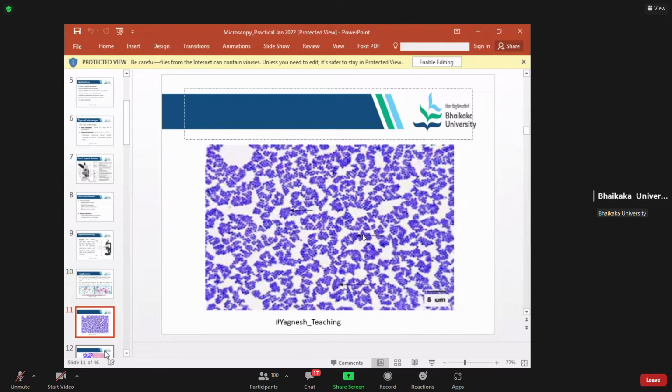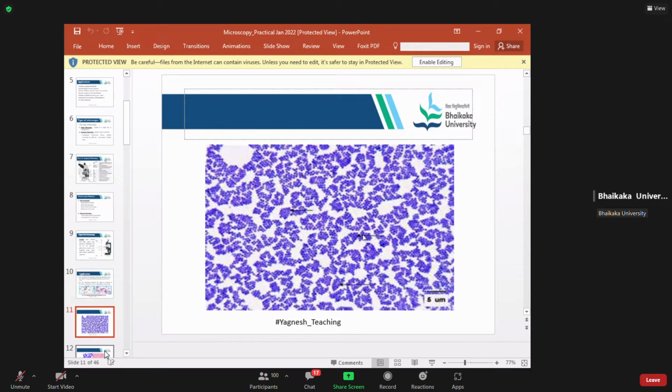Now the size is around 1 to 2 micrometer. I repeat, the size of this organism is 1 to 2 micrometer. The cells are circular, so the shape is circular, and the arrangement is in clusters.